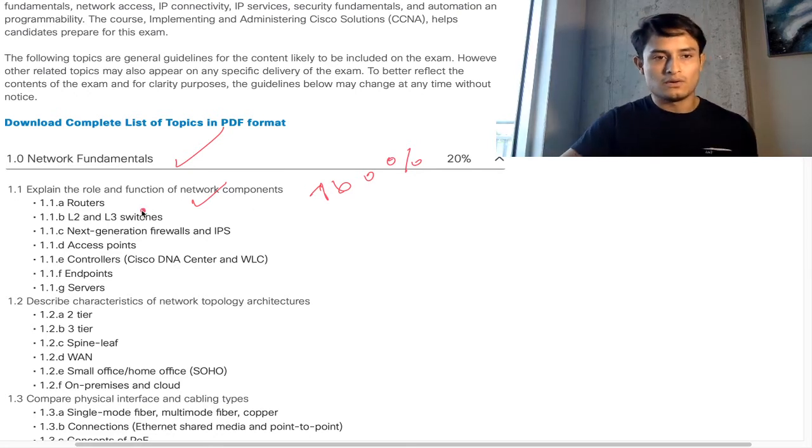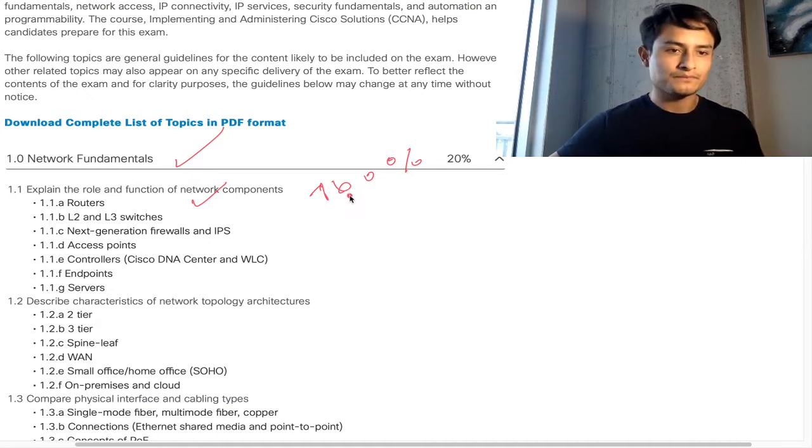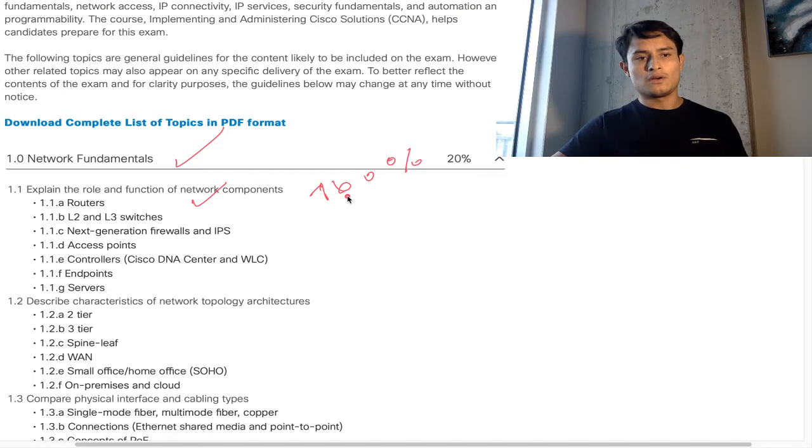With routers, you need to know everything. You need to know what routers do and how they talk to each other. You don't really need to know the models, but if you know some of the models, that's good too.